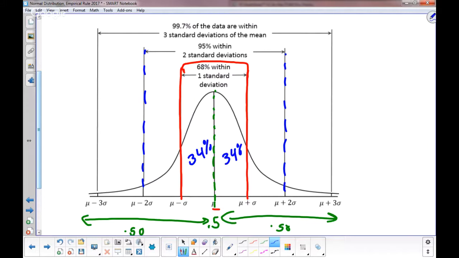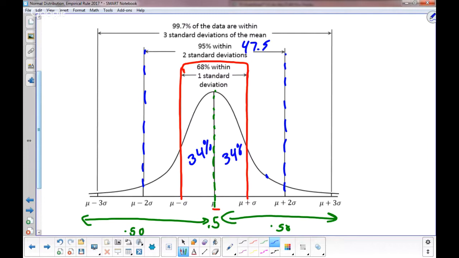we have 95%. Which means that if the mean cuts that in half, between the mean and the second standard deviation is half of 95, which is 47.5. Well, that's great between the mean and the second standard deviation, but how much is in just this area over here?